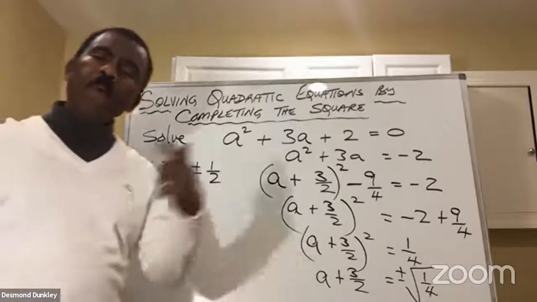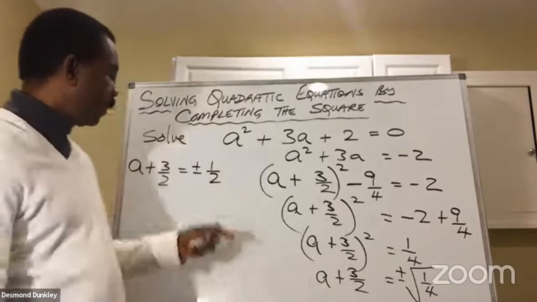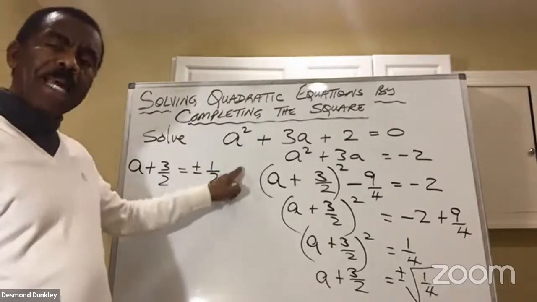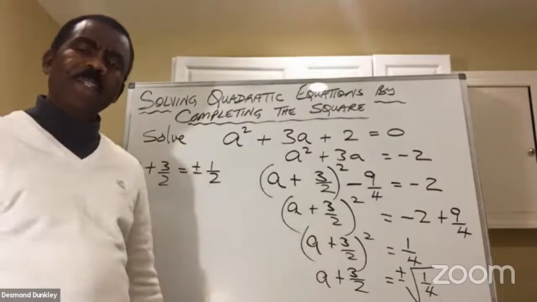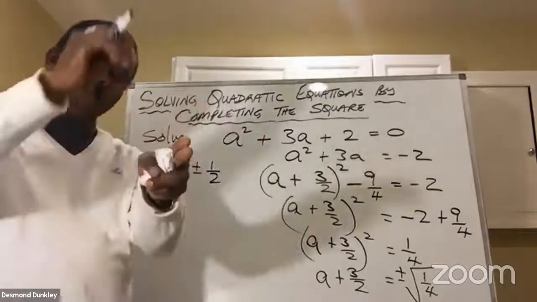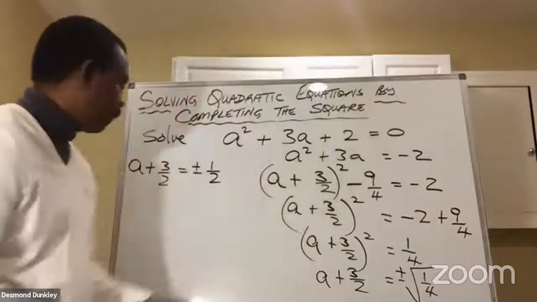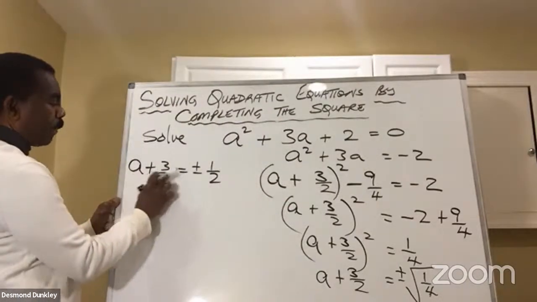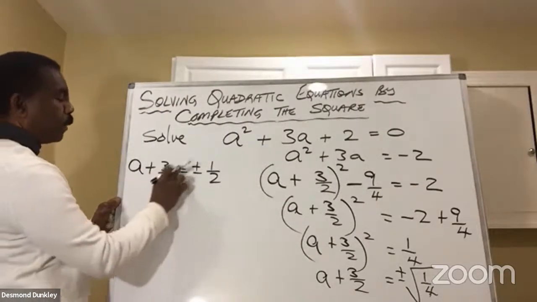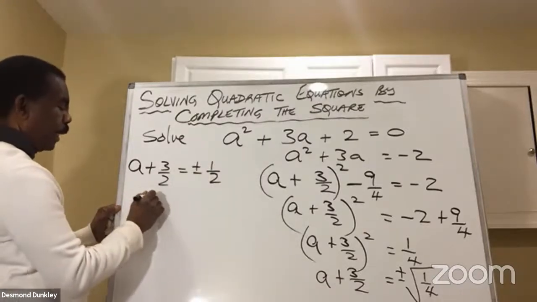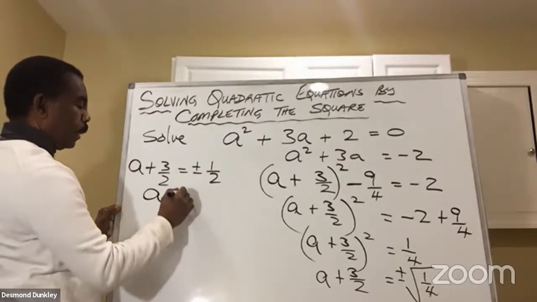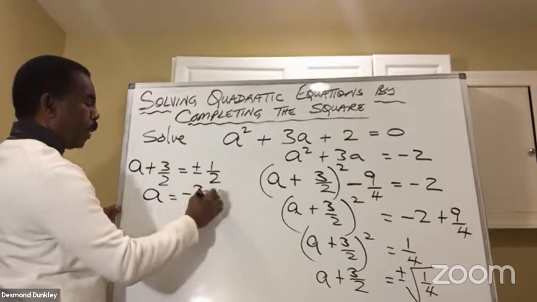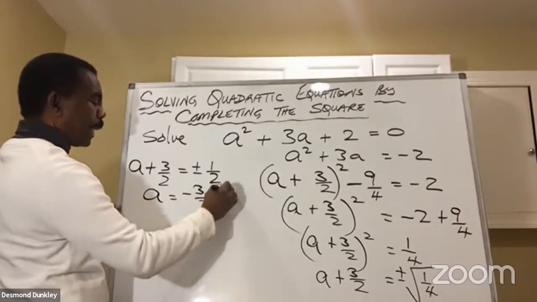So the square root of 1/4 is 1/2, because look, 1/2 times 1/2 is 1/4. So 1/2 squared is 1/4. Square root of 1/4 is 1/2. Okay? How do I get rid of the 3/2? We subtract 3/2 from both sides. So a equal to -3/2 plus or minus 1/2.